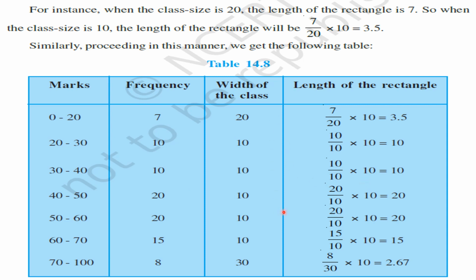On the whole, the minimum class size is 10, so into 10, that is equal to 10. By simplifying these numbers, we get 10. Understood this point, my children? Likewise, we have to compute the lengths of the rectangles. Understood this point, my children? Right.